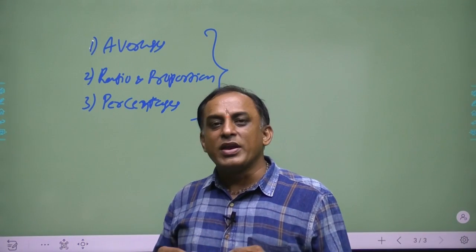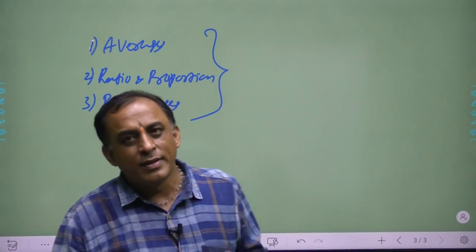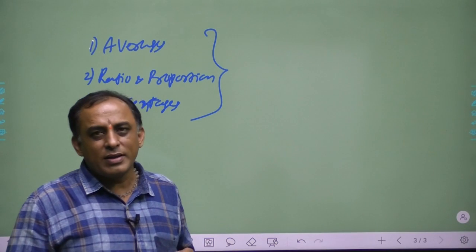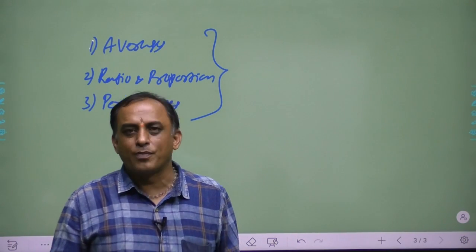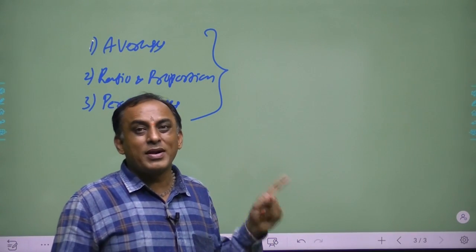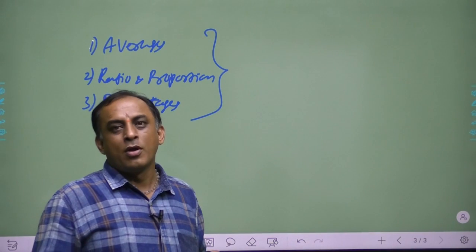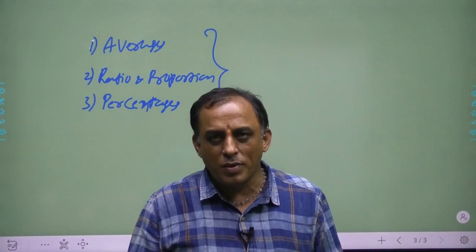So that's why here first we will discuss the aptitude part, then data interpretation, and finally we will discuss the reasoning part also. In the aptitude part, these three topics are important for data interpretation, and some more topics are there according to our Group 1 syllabus.